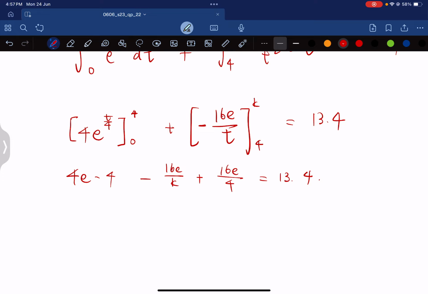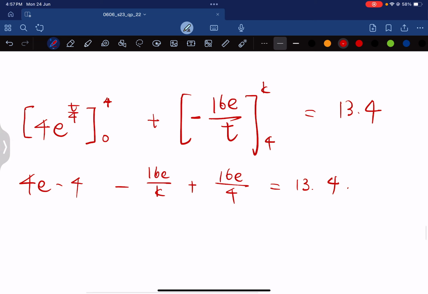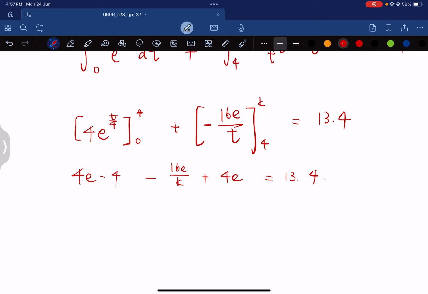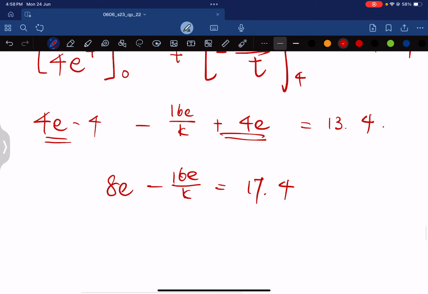Okay, so 16e over 4 would be 4e, right? So the 4e plus 4e would be 8e, and then minus 4, so it would be 17 over 0.4... So times k on both sides, or we can factorize the 8e out.